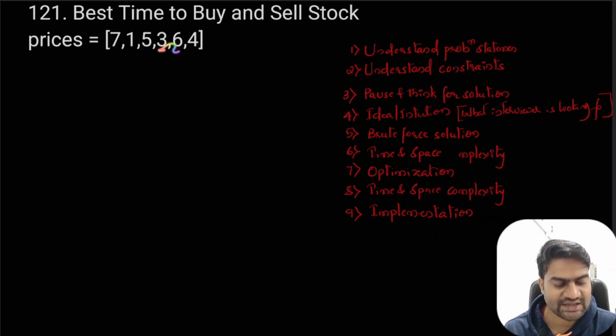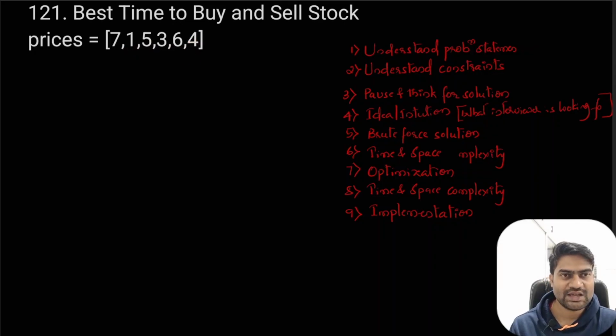If you sell it on this day for 3, then it will be 2. Here it is 3, so that won't be the maximum. If you buy it for 1 and sell it for 6, the profit will be maximum, which is 5 in this case. So this is what we need to compute for this problem.